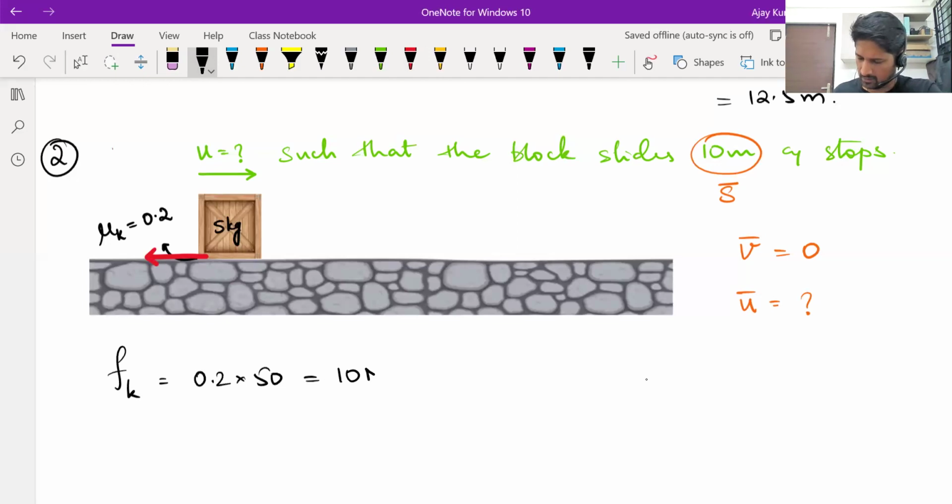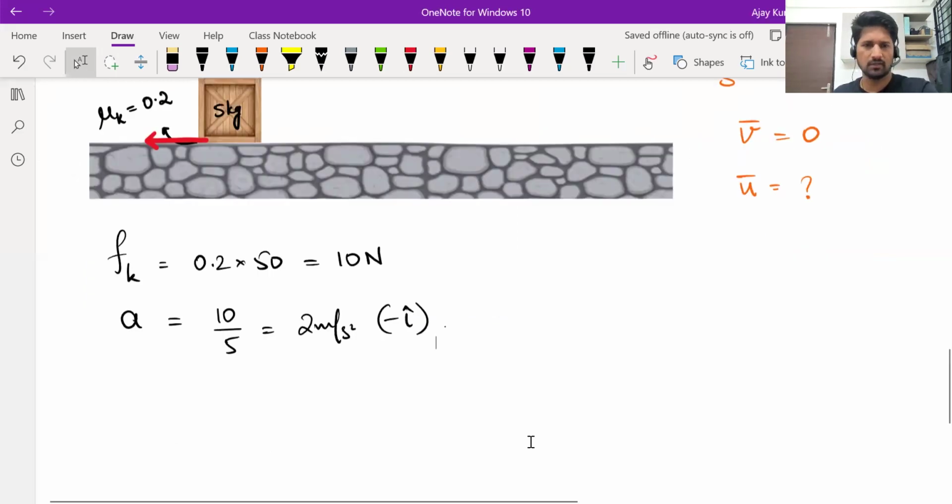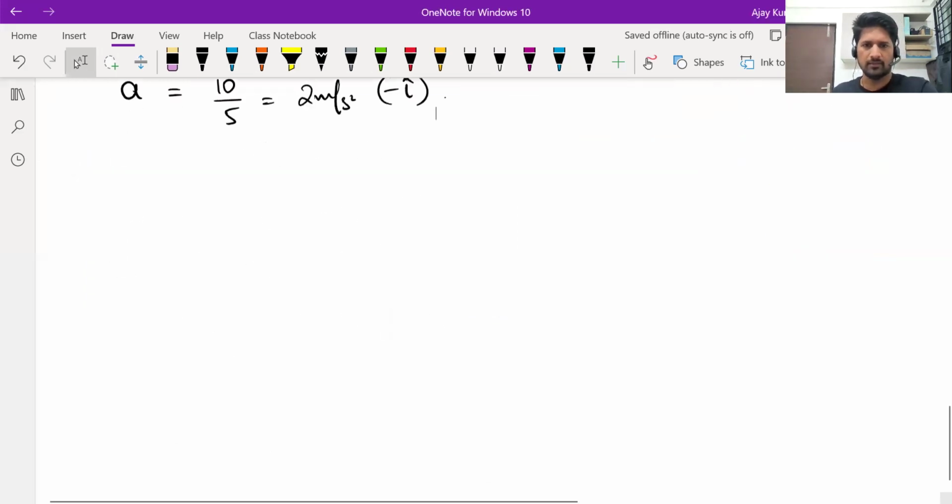That becomes 10 newtons. And the acceleration of the block is net force divided by the mass, 2 meters per second square. It will be towards left, so you should take it as -2. That's all. Now you know all the required information. Substitute in v square minus u square is 2as. You get the initial speed. Okay. I guess root 40 is correct. Let it be. Now consider this situation.